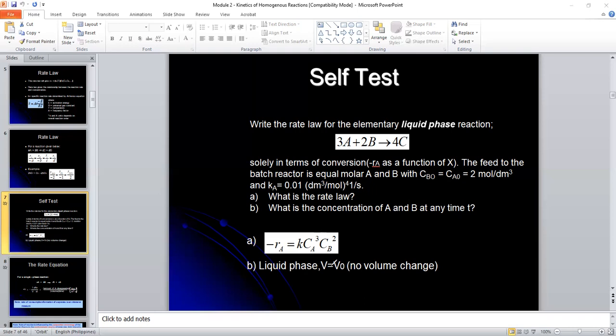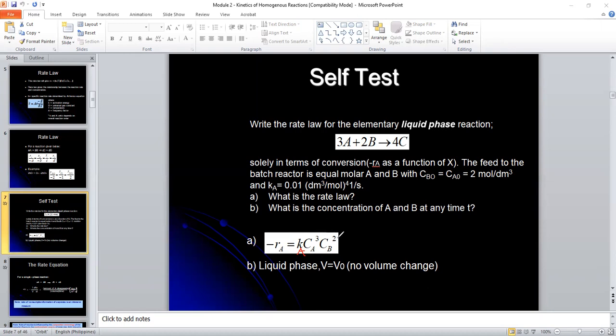Now, I missed writing here that your rate constant has to be specified as being in terms of A. Why? Because your rate is in terms of A. If we change this to negative r sub B, still negative because B is a reacting species, nothing will change in terms of the concentration terms.